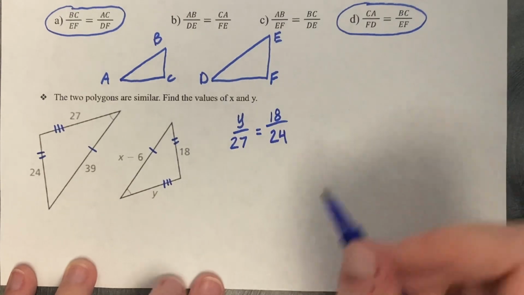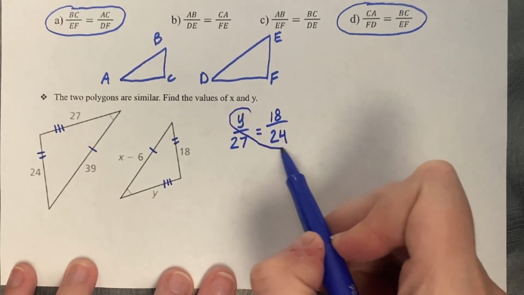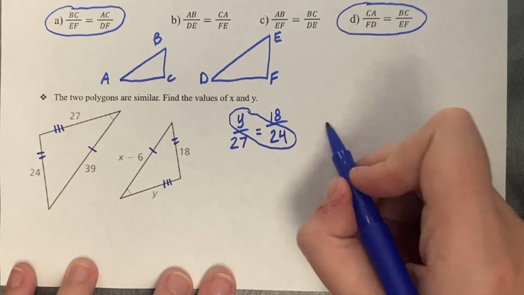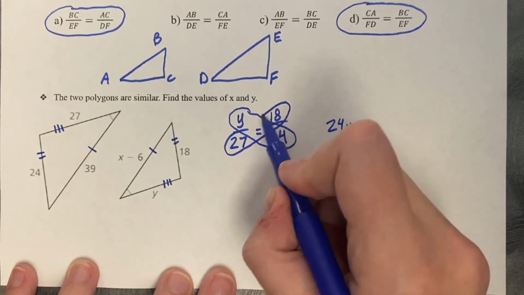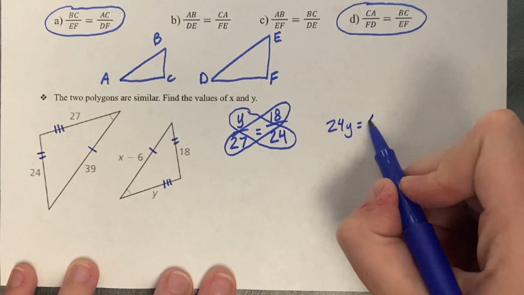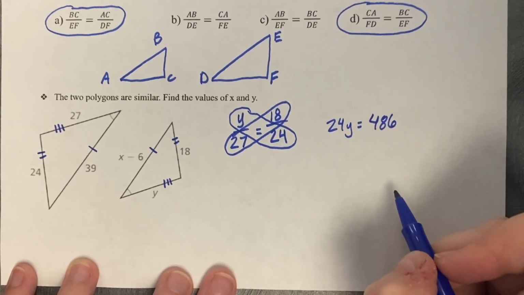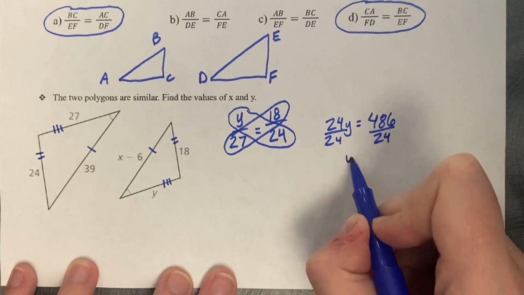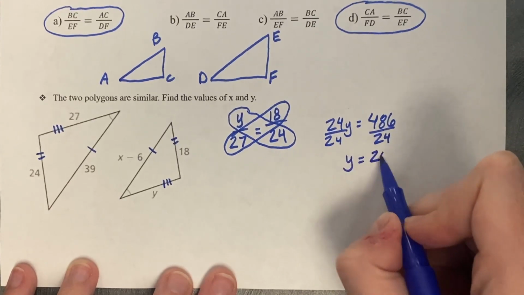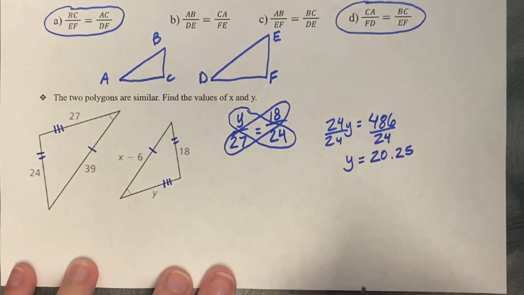And now I've got a proportion where I can cross multiply. So y times 24 is 24y. And 27 times 18 is 486 divided by 24. And y is equal to 20.25 or 20 1/4.